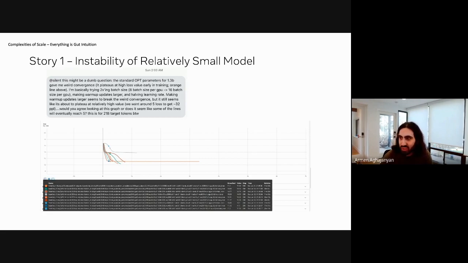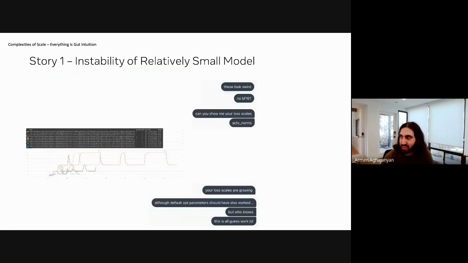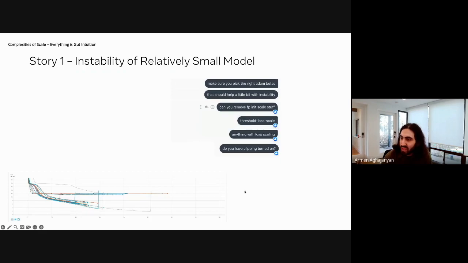He pings me at 2 a.m. saying that the 1.3 billion OPT is giving him some weird convergence when he's trying to train on new data. Then the back and forth is that we go through a checklist of things that can potentially be wrong. Again, none of this is foundational. I'm just guessing off of previous intuition what might be wrong. You can even see my comment that this is all guesswork at this point.